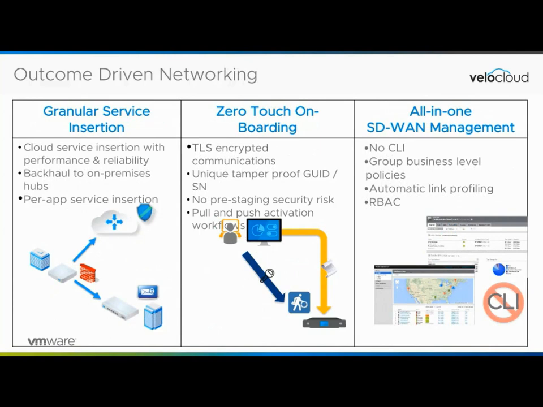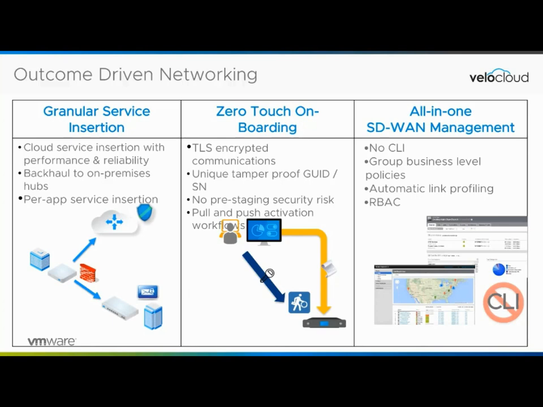So when it comes to outcome driven networking, we are talking about the service insertion, where you can insert a firewall service all the way from data center to a branch or even to a gateway where you are running some kind of a firewall services in the cloud. Zero touch provisioning of those edge devices. I can drop ship a box to a remote site.